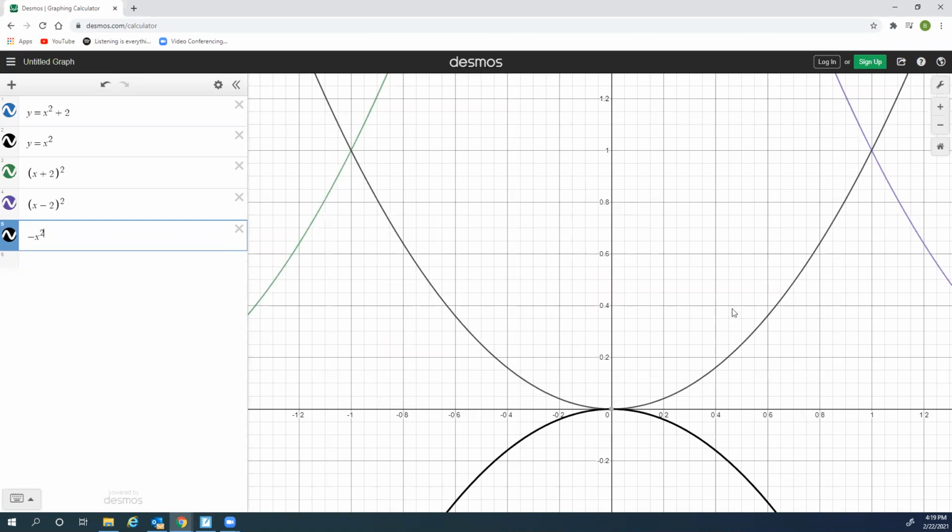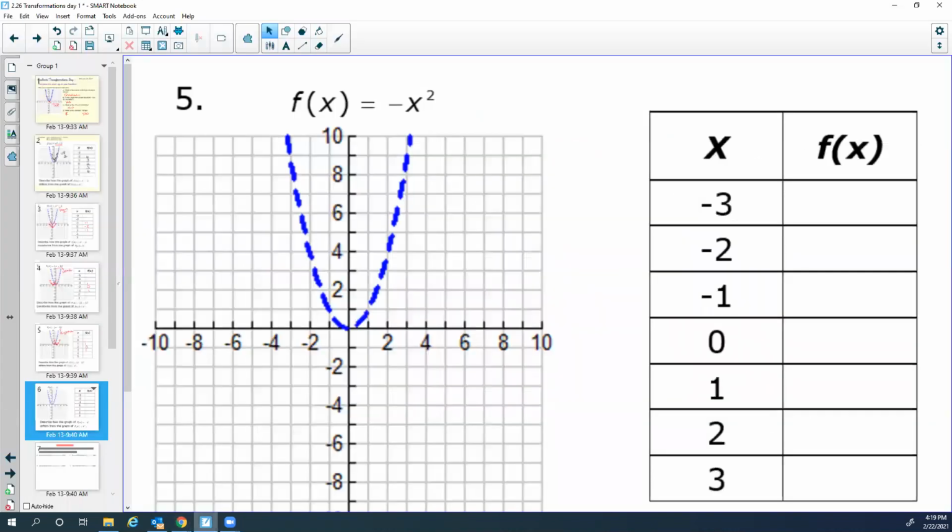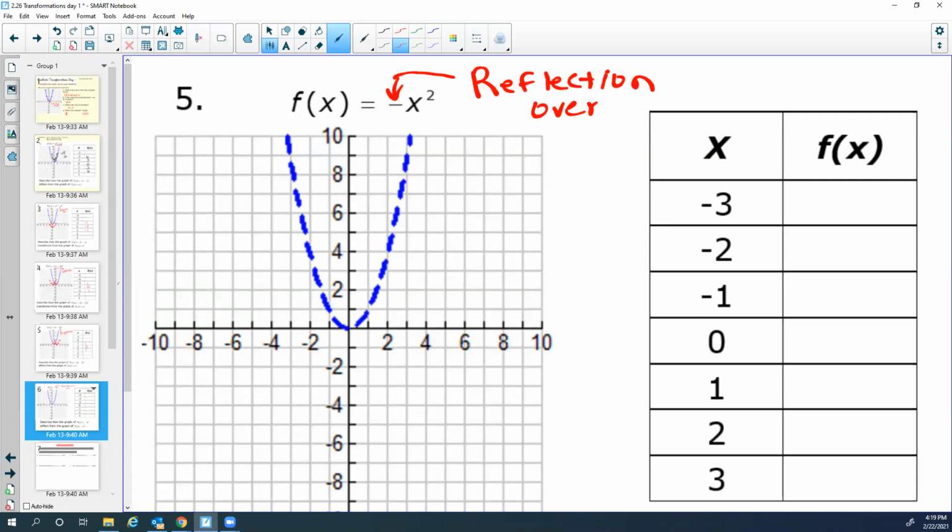My U is facing upwards. Now it's facing downwards. So what happens? It reflects over the x-axis is what we call this. A reflection over the x-axis. So whenever you have a negative here, that is when you have a reflection over the x-axis.